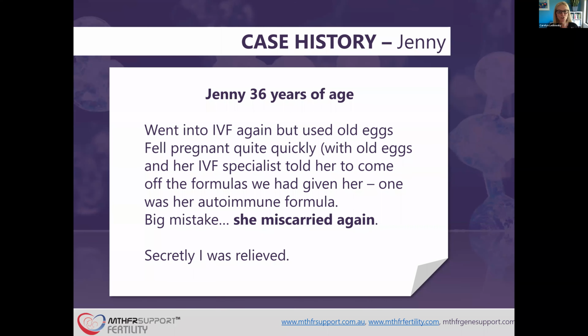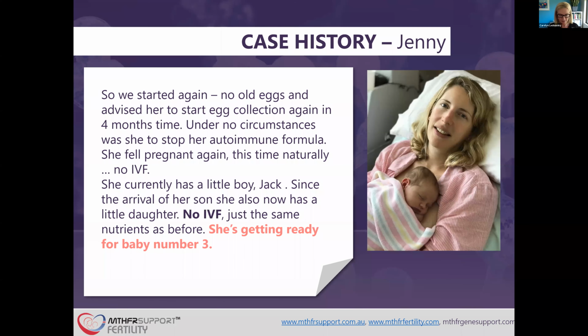So what happened was she went into IVF, she used the old eggs, she did fall pregnant, but guess what? She miscarried. And I said to her, well, I'm really not unhappy about it because I didn't want you to use the old eggs in the first place. So we started again. We didn't go into IVF. She fell pregnant, no IVF.